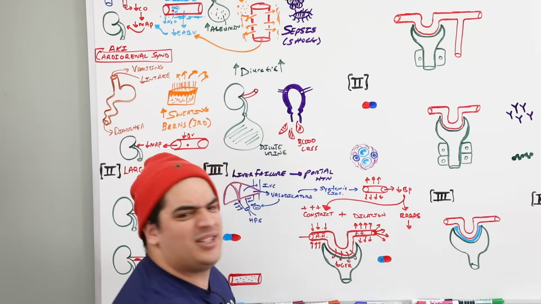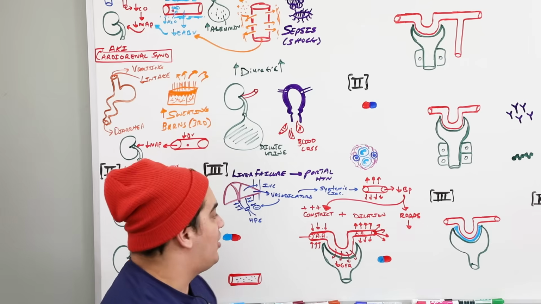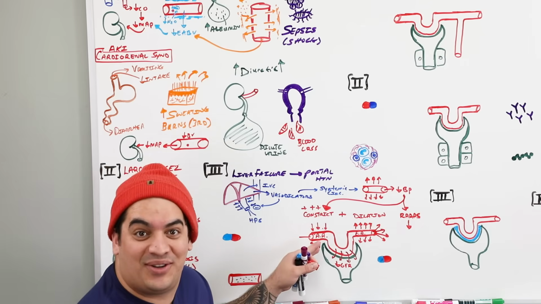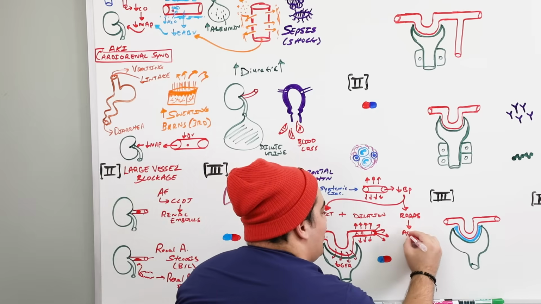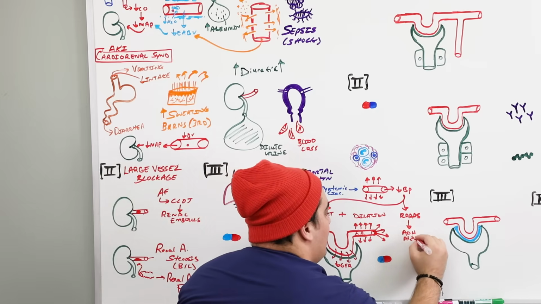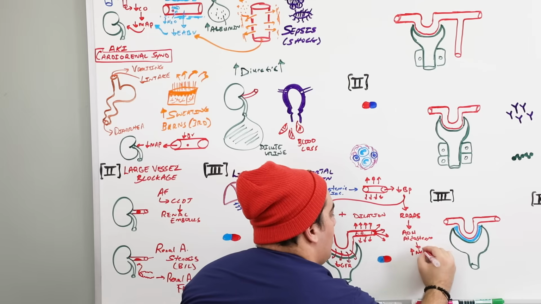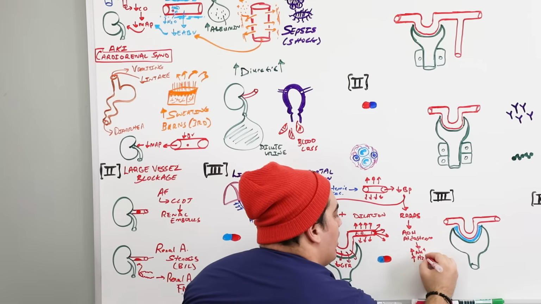And you know what they do? What are they supposed to do? They're supposed to cause a little bit of renal artery vasoconstriction. That worsens that. And then also, ADH and aldosterone, they're supposed to reabsorb sodium and reabsorb water.